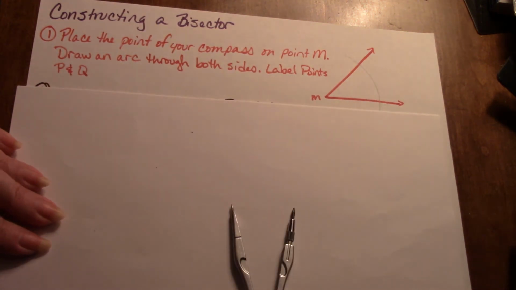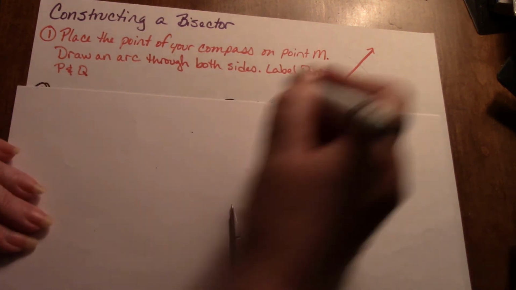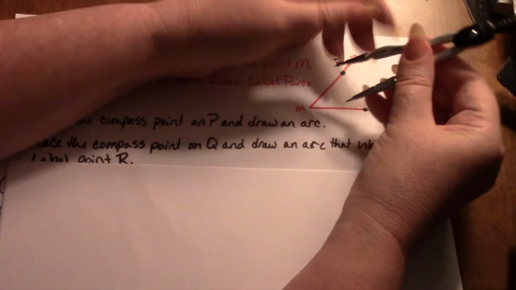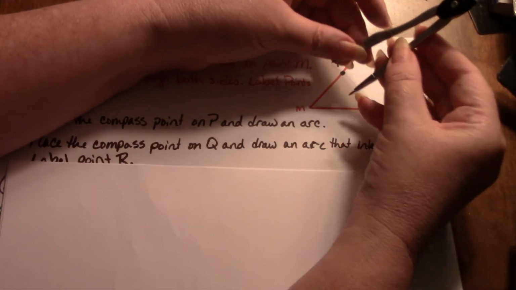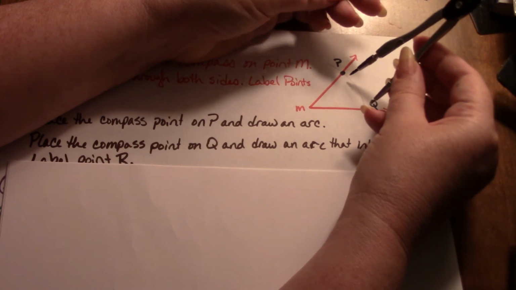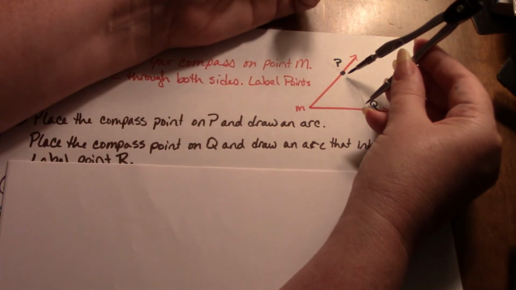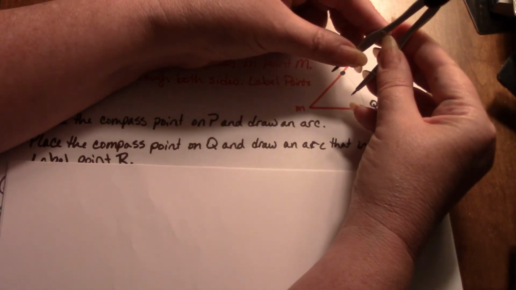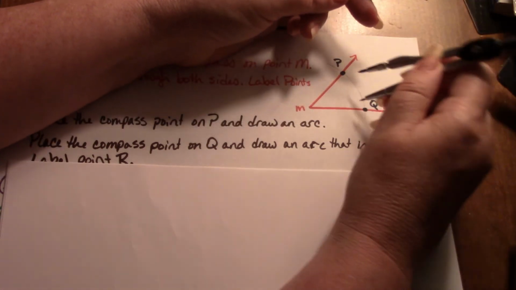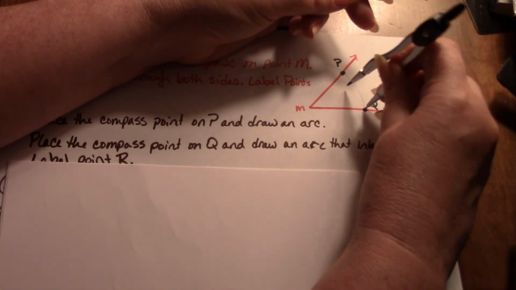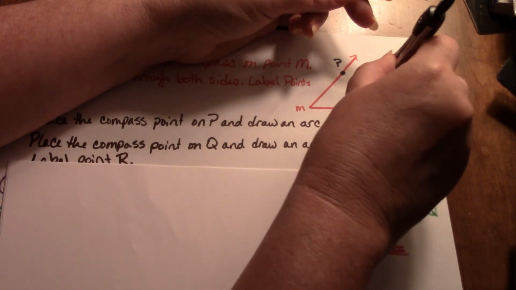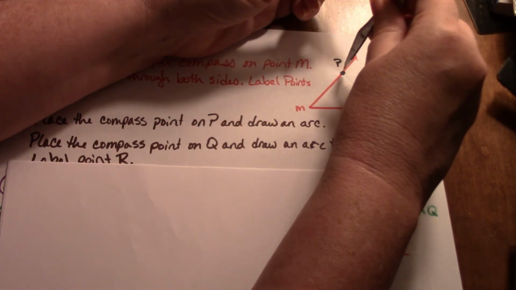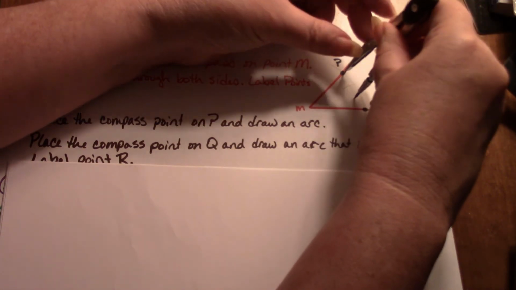And we're going to label them points P and Q. We are going to make our compass a little bit smaller than PQ, but not smaller than half of it. So we want it just a little bit smaller. And we're going to draw an arc from Q and an arc from P.